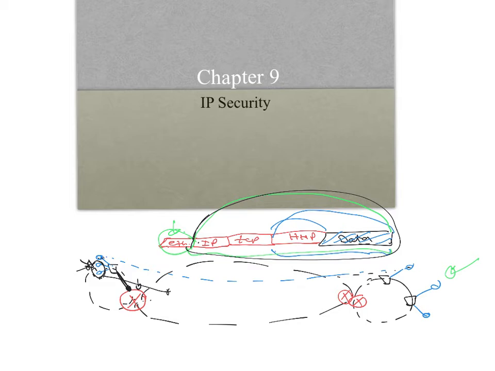Here we're talking about host to host. So you build some kind of a tunnel between host to host. This means that any application that runs on this host will by default use that tunnel. Okay? So this is the advantage of security from the network layer.